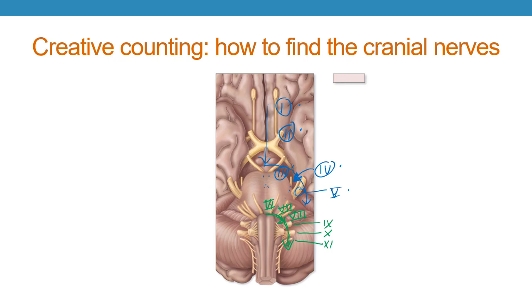Handily enough, all of the ones here at the junction of the pons and the medulla are V and then some number of I's. All of the ones running down the side of the medulla have an X, either IX or XI, if that helps you remember at all.